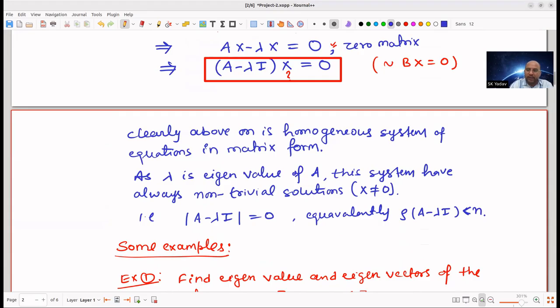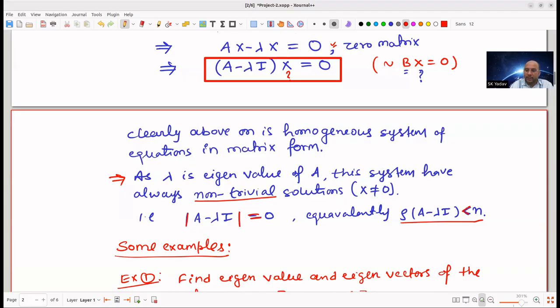If I write this matrix as B, then Bx equals 0, which is a system of homogeneous equations, and we already understand how to get the solution of a homogeneous system. As lambda is an eigenvalue of matrix A, this system always has a non-trivial solution. That means determinant of A minus lambda I equals 0, or equivalently, rank of A minus lambda I should be less than n.